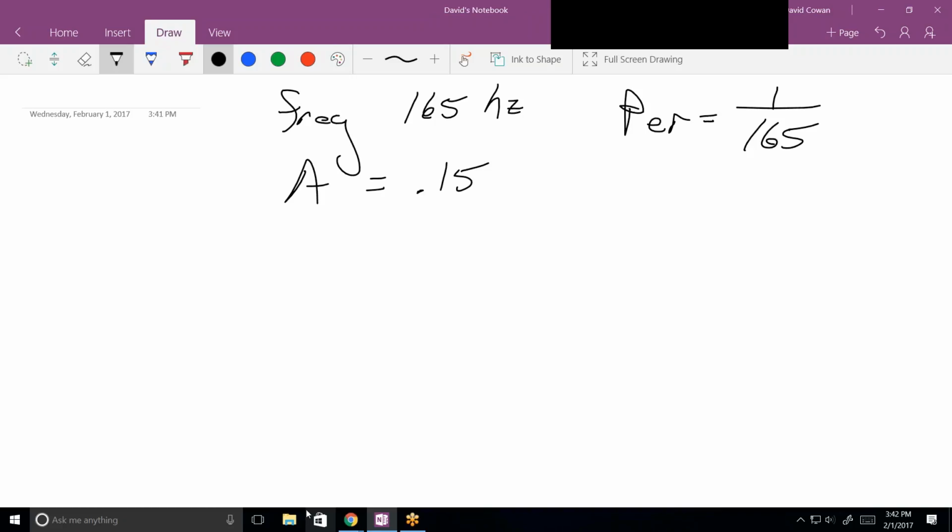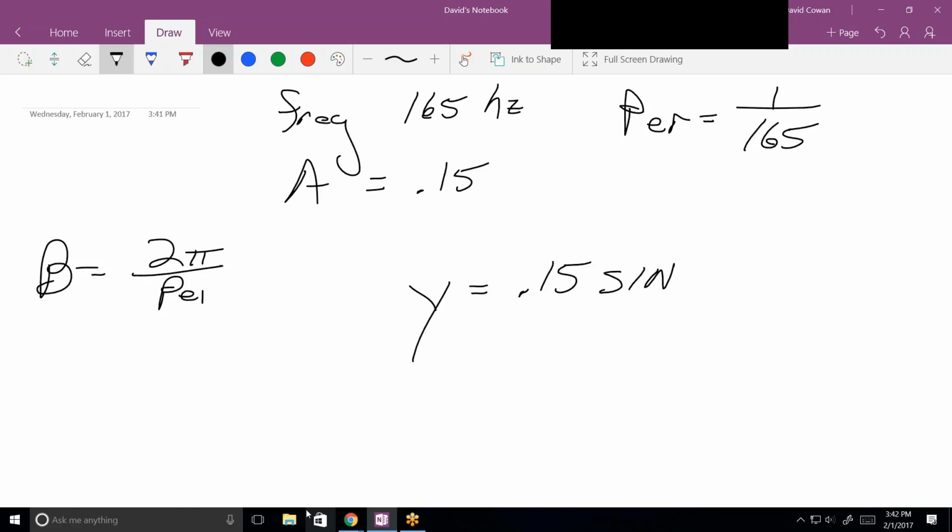So my curve is going to be 0.15, and they did say sine. Now, b is equal to 2 pi over the period, and my period is 1 over 165. So b must be 330 pi.